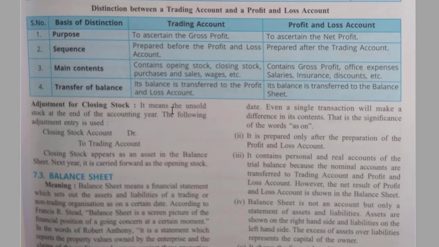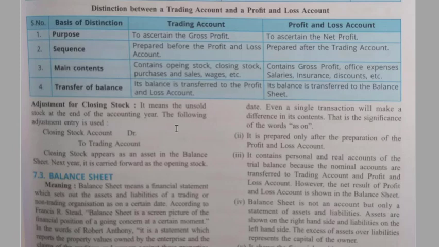Okay, adjustment of closing stock they have given. It means the unsold stock at the end of the accounting year. The following adjustment entries are used. Closing stock account is debited to the trading account. Now what does it indicate? It indicates that in your trading account you will write this closing stock on the credit side.